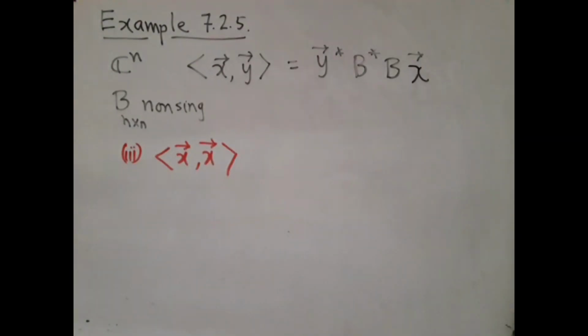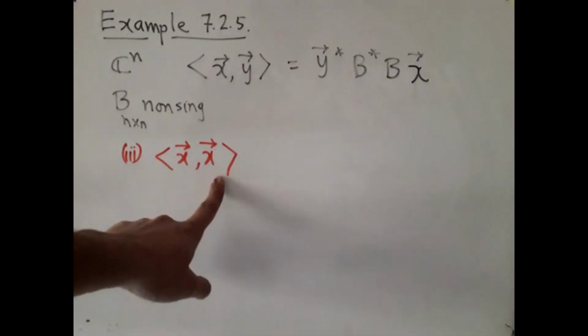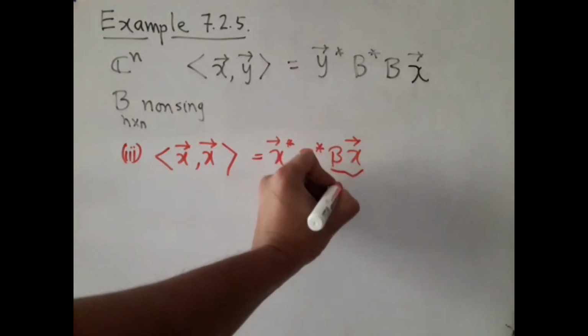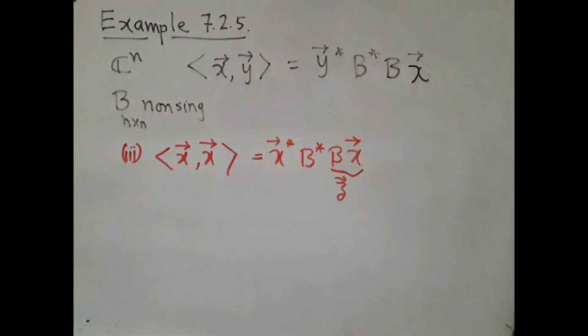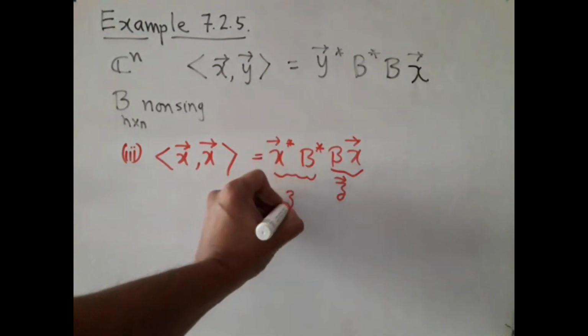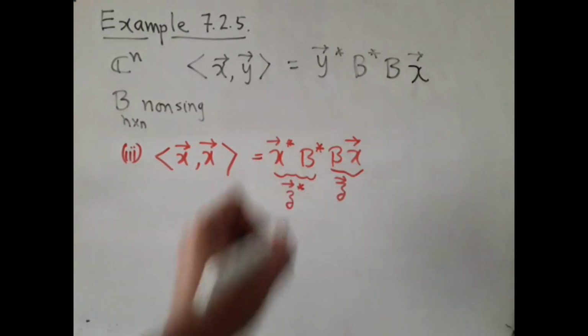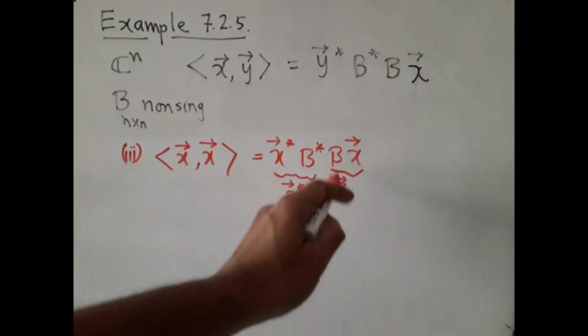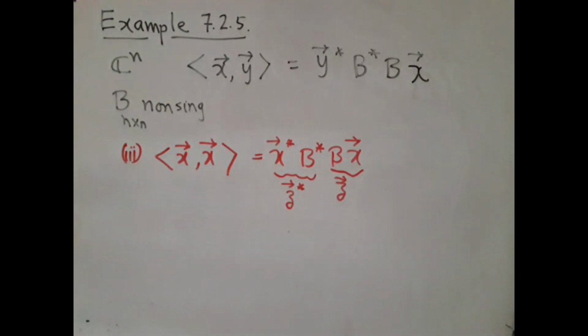In property 3, we have to show that if I take x and x, then this quantity is going to be a non-negative real number. I employ the definition and I get this. Now if I call this fellow the vector z, immediately this becomes the conjugate transpose of z, or z star. Now remember, z is a vector of Cn, so it is z1 to zn, where each zi is a complex number.